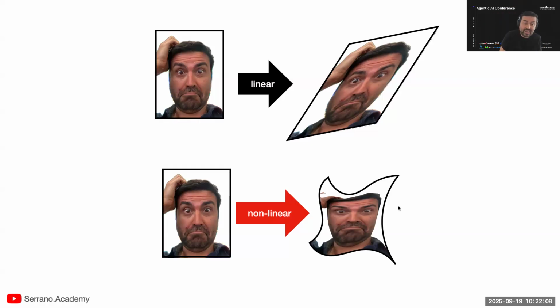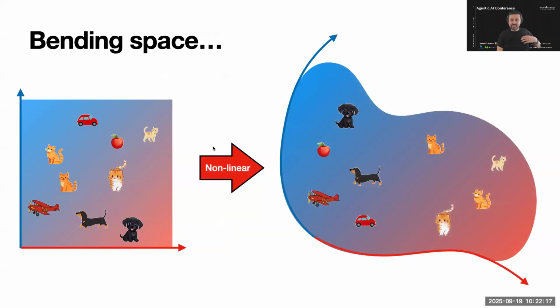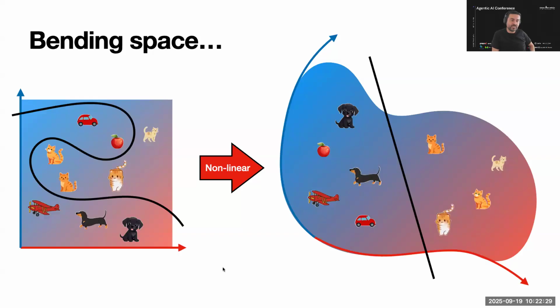They're more complicated. Now we are going to take this space and bend it in a way that all the cats are on one side and the non-cats are on the other side. That's a neural network. And this line, if I remember how I bend the space and I unbend it, becomes this twisted thing over here.